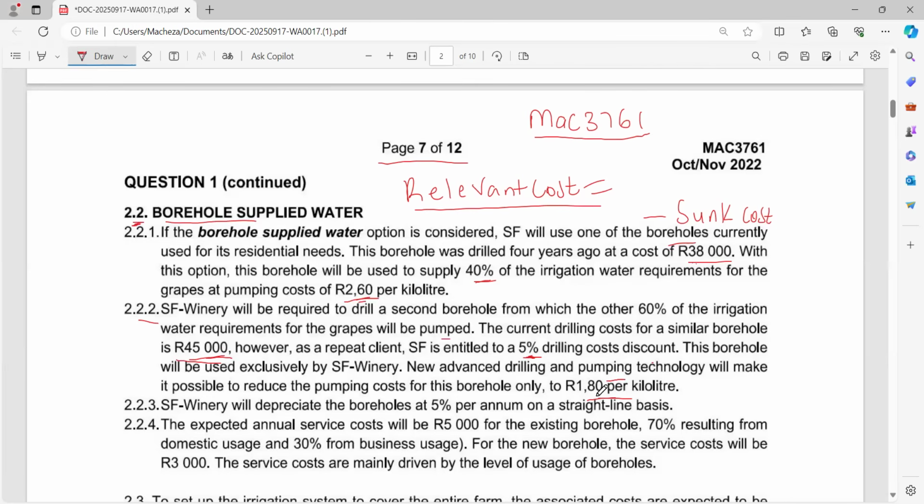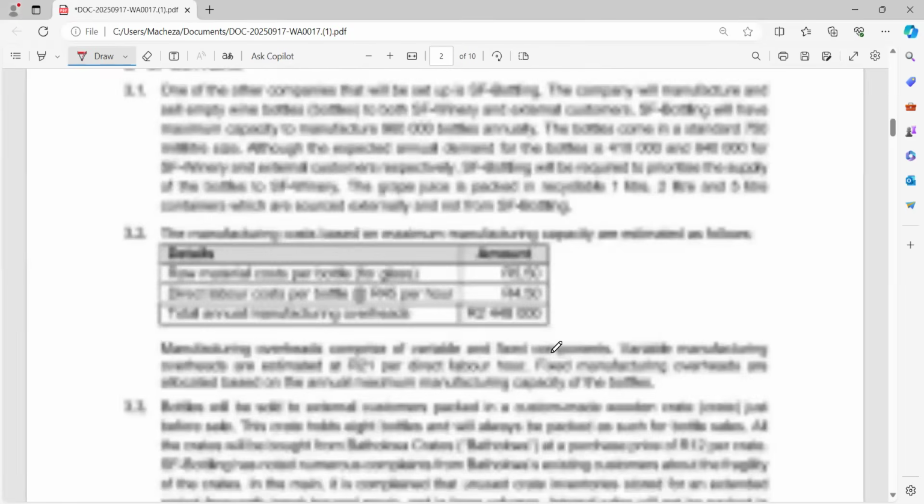We should take 180. It's going to occupy 60% of that 11,500. So here we have two: drilling cost and pumping cost.